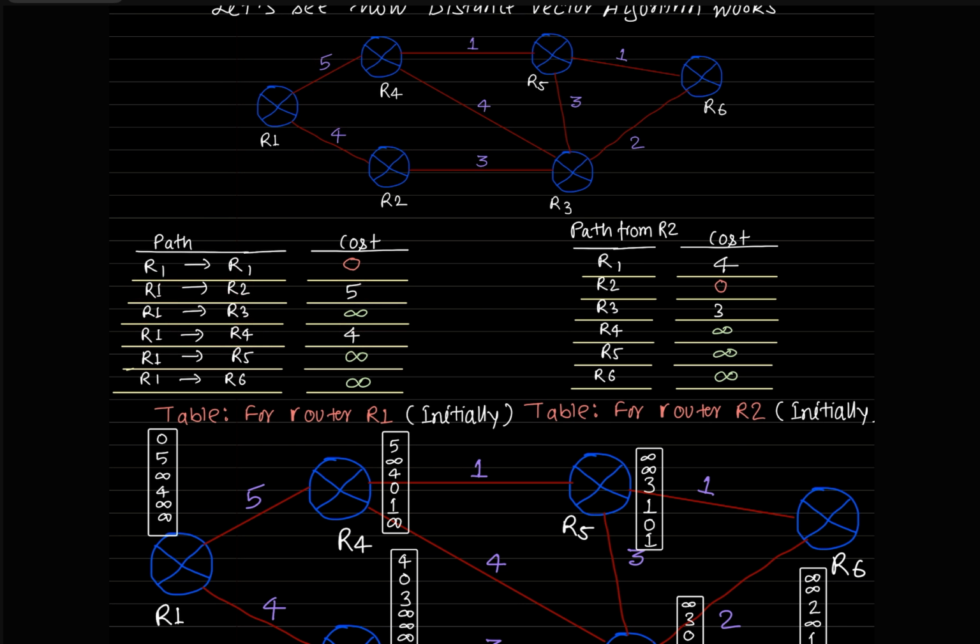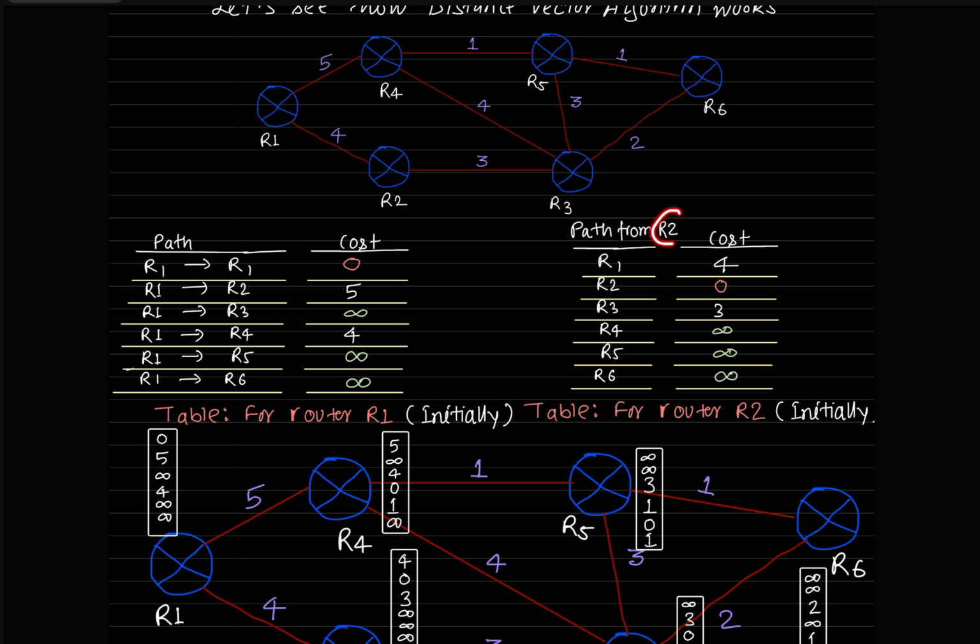The rest we put as infinite, because these routers are not directly connected, so initially we don't know. From R1 to R1, we are going from the router to itself only. That's why we have put this as 0.